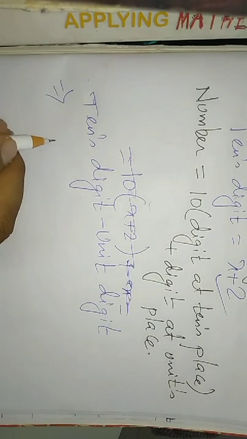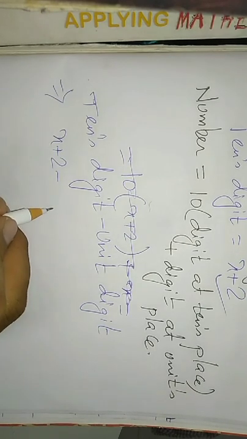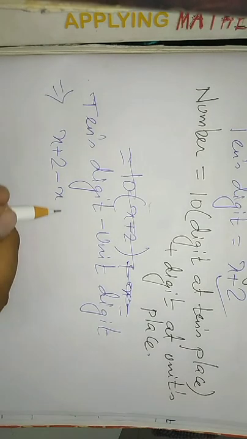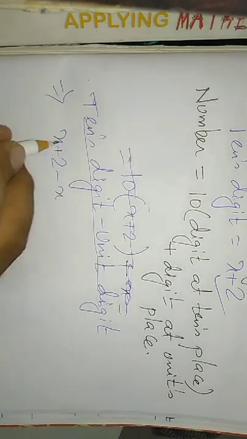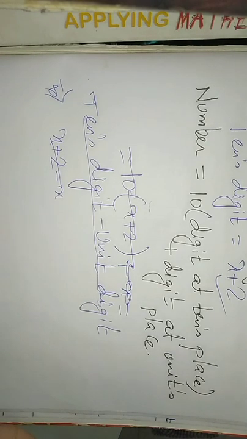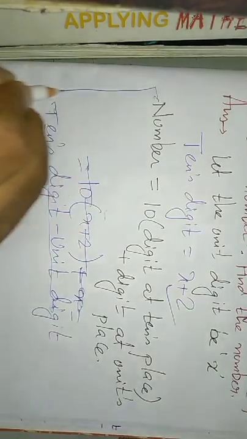So tens digit x plus 2 minus the unit digit, which is x. We need to solve it by a different process, so directly I'll continue from here.